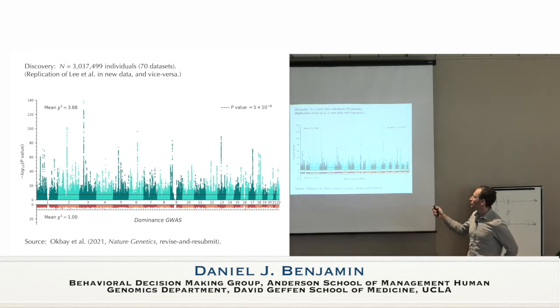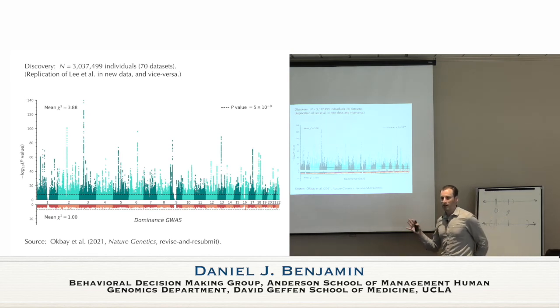Remember, the largest additive effects are of the order of 4/100ths of a percentage point R squared. For the dominance effects, we can rule out effects of the order of 4/1000ths of a percentage point of R squared. And we can also estimate the overall variance in educational attainment due to dominance variance, and we get a pretty tightly estimated 0.